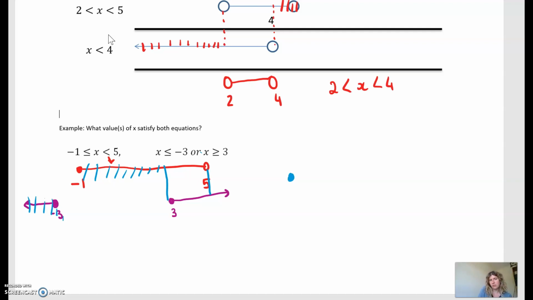But 5 is not included in both because it's not included in the top one, so we have to use an open circle for 5. We're looking at all the numbers between there. That's 3, that's 5.